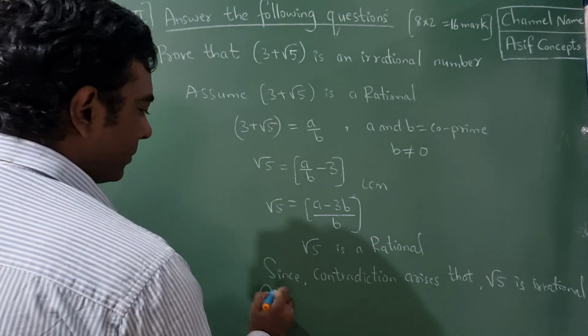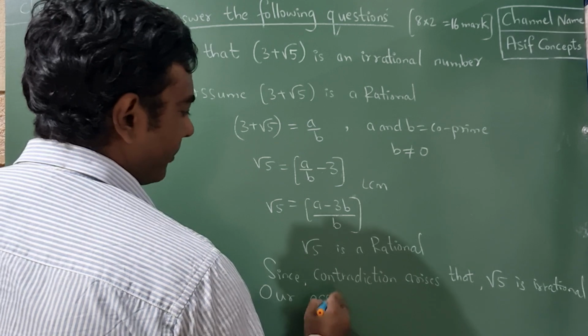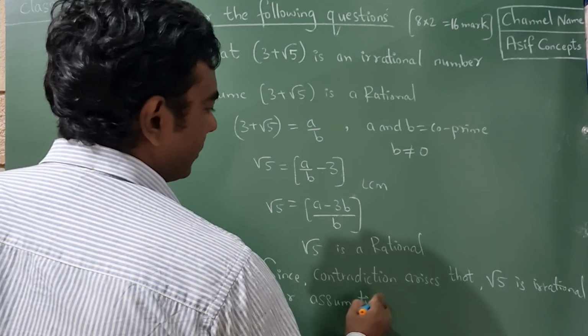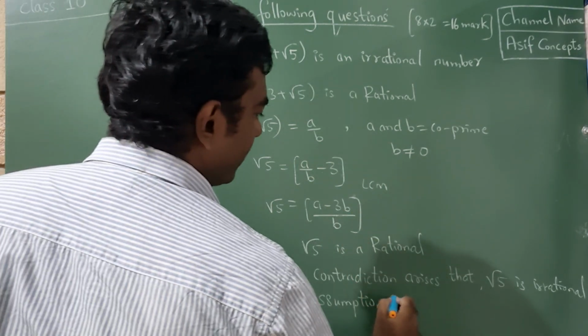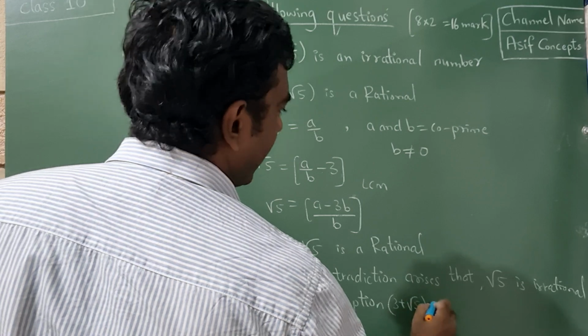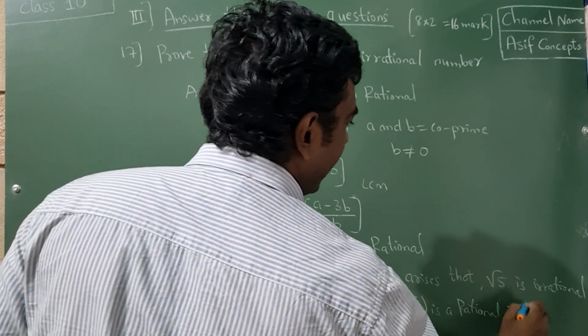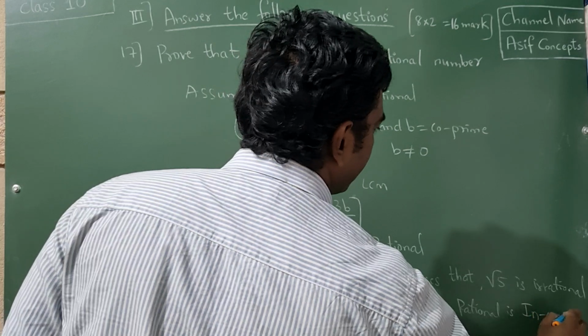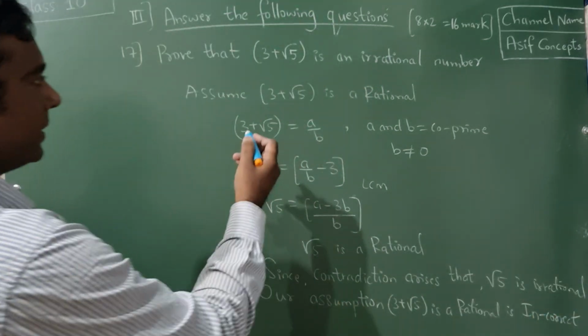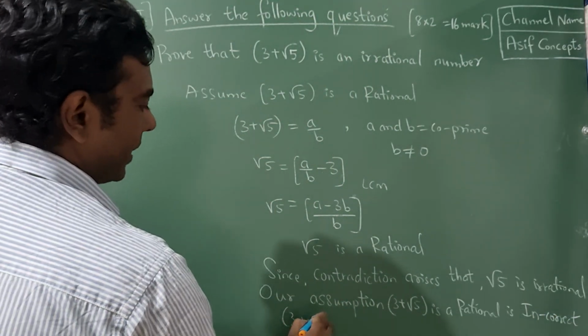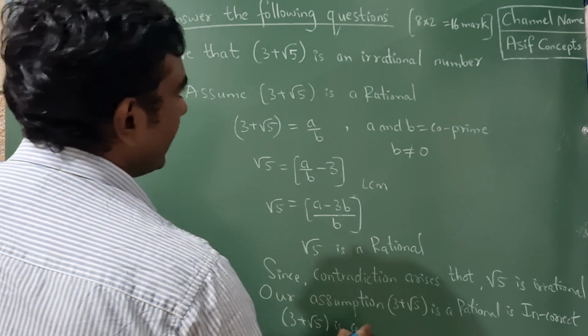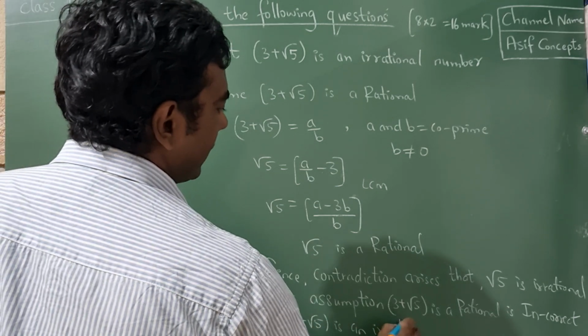Our assumption that 3 plus root 5 is rational is incorrect. So we conclude that 3 plus root 5 is an irrational number.